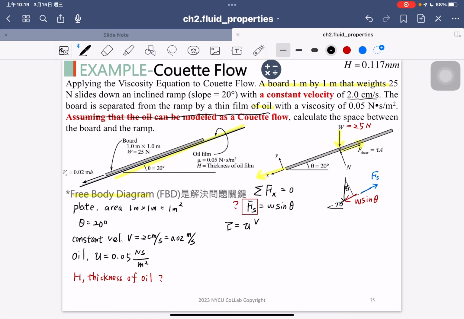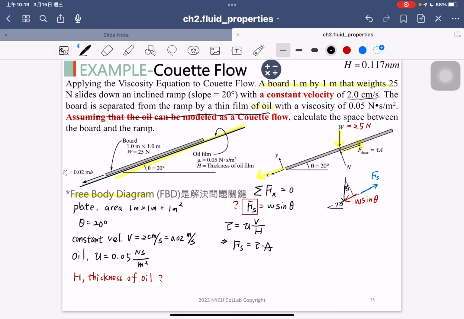Right now, we know the velocity of the plate, and we don't know the thickness of the oil. Okay, so if we can compute the shear stress, we can continue to compute the shear force, which is equal to tau multiplied by the area, right?